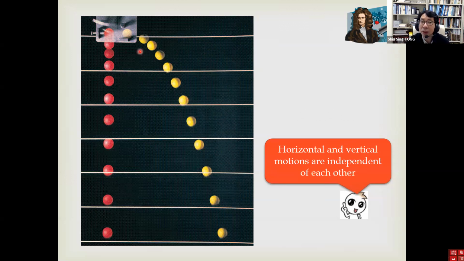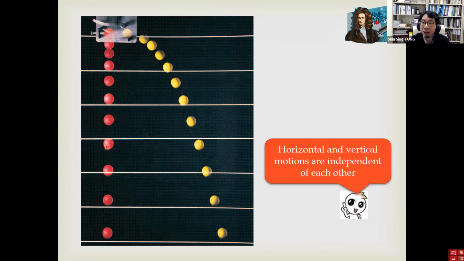It's because they are projected and released simultaneously, and the vertical motion part is not affected by horizontal motion. The yellow ball has a horizontal motion, but that will not affect its falling motion. So it actually falls together with the red ball.